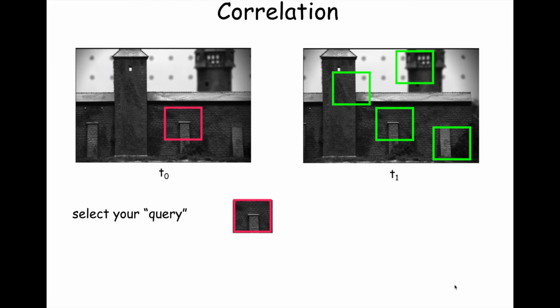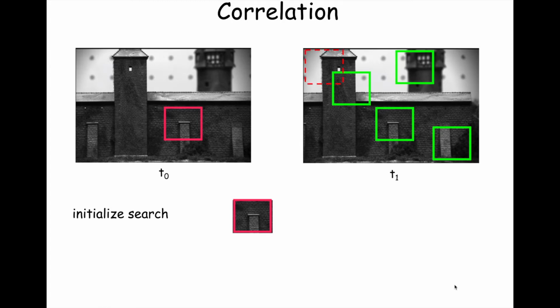And so the setup is either you have one camera that moves or you have two cameras. Nonetheless, you have two images, T0 and T1. And in this example, we have the cropped pink region of the image at time T0, and we want to find where it went at time T1, in image coordinates.